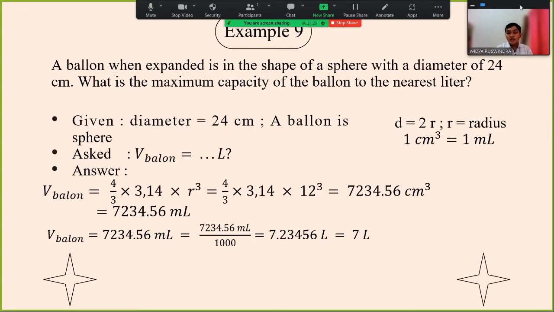We know 1 cubic centimeter is the same as 1 milliliter. So 7,234.56 cubic centimeters equals 7,234.56 milliliters.